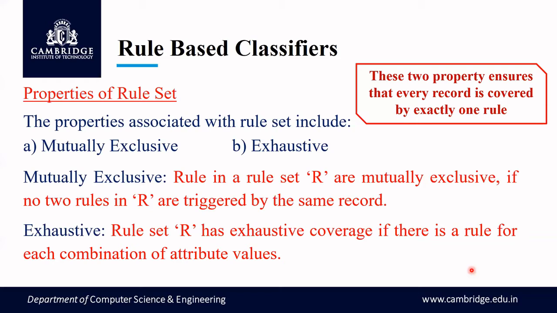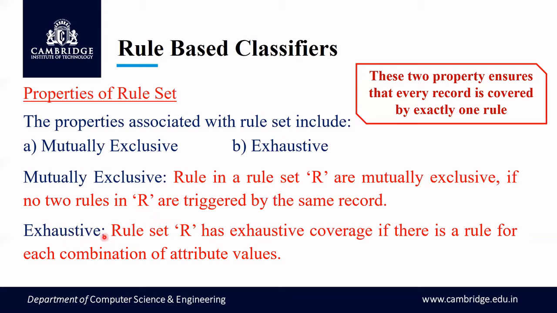There are two properties, mutually exclusive and exhaustive. The mutually exclusive property ensures that every record is covered by at most one rule. What do we mean by at most one rule? That is, a maximum of one rule.